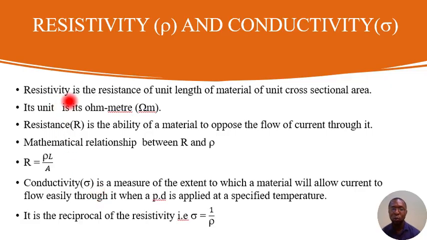Resistivity is resisting current flow. Conductivity is allowing current flow. That's why they are inversely proportional. So mathematically, resistivity is 1 over conductivity, or conductivity is 1 over resistivity. That's the inversely proportional relationship.